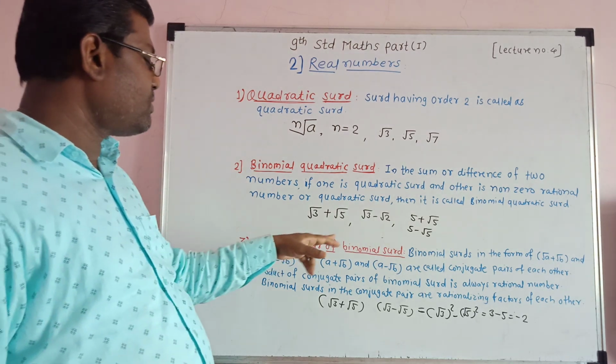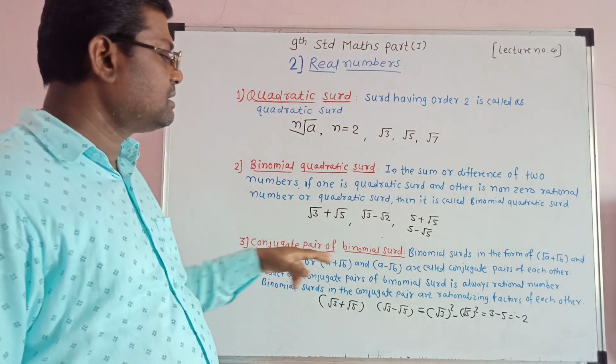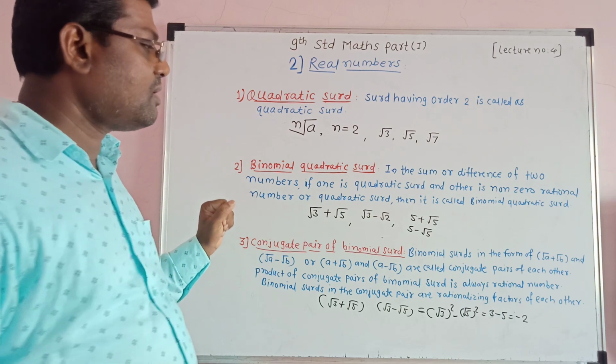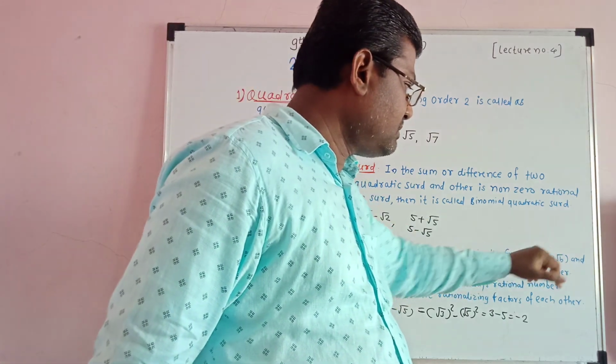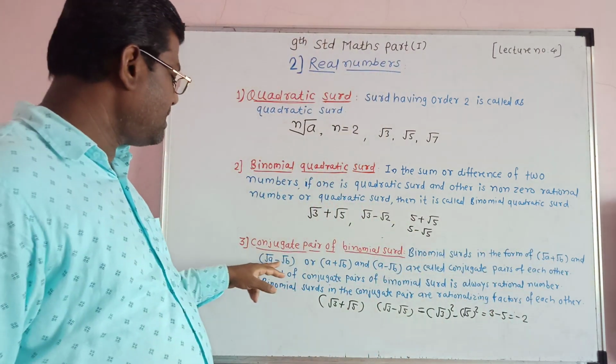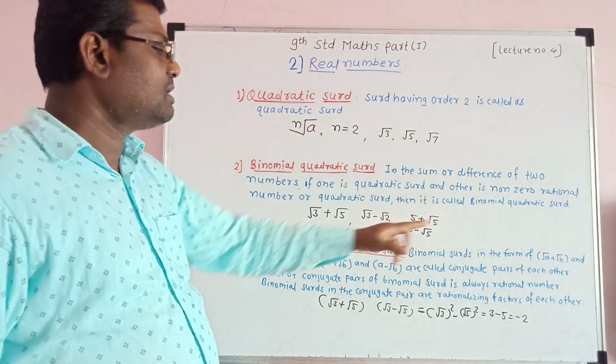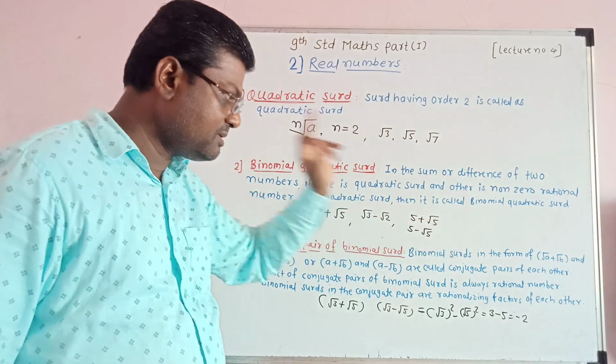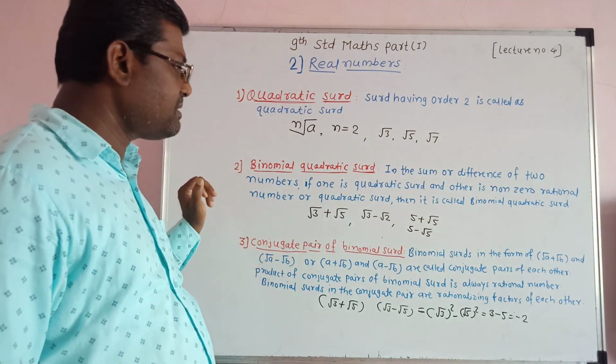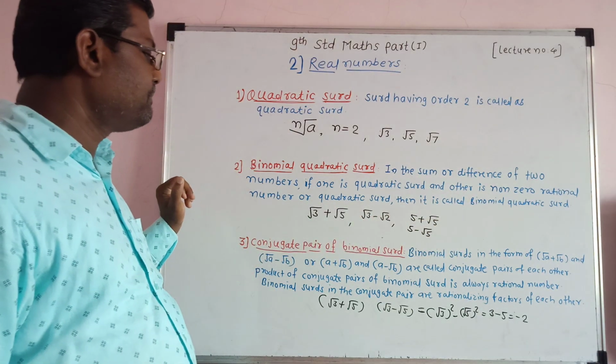So what is meant by conjugate pair of binomial surd? Binomial surds in the form of root a plus root b and root a minus root b. What is different there? There is a difference only in the sign. Here a plus sign is taken and here a minus sign is taken. The numbers are the same.